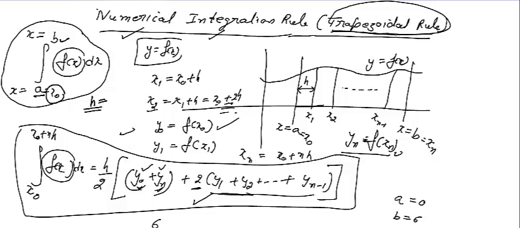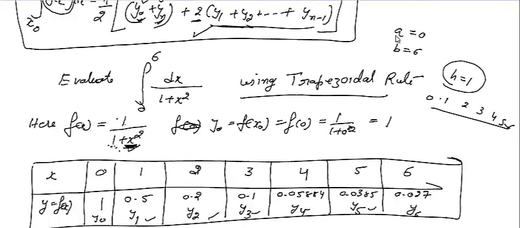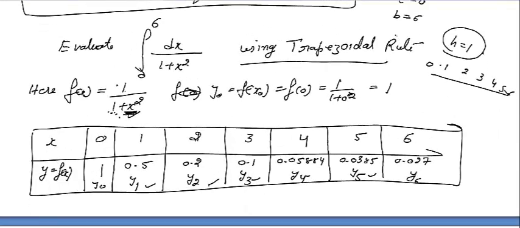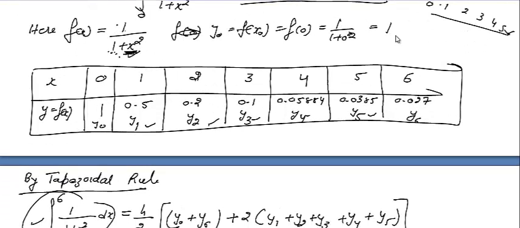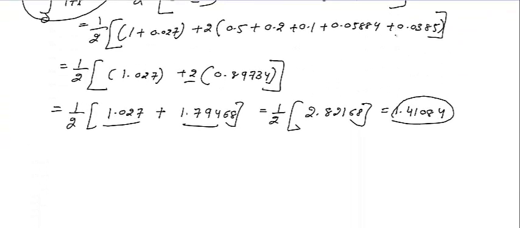You can get a more accurate value even in the same question, because here I have taken h equal to 1. If you want a more accurate value, you can take h as 0.5. It is very easy.